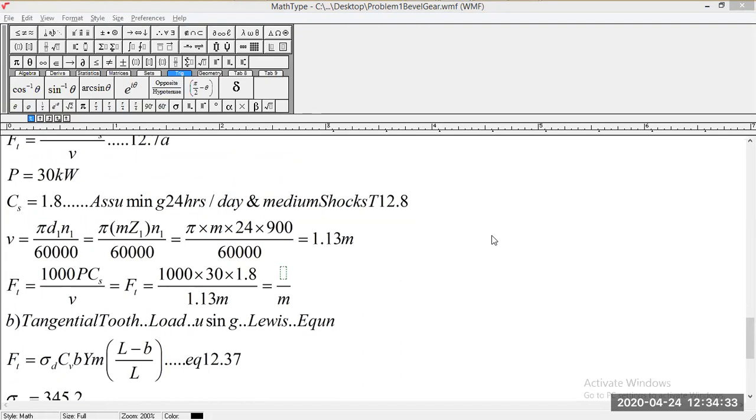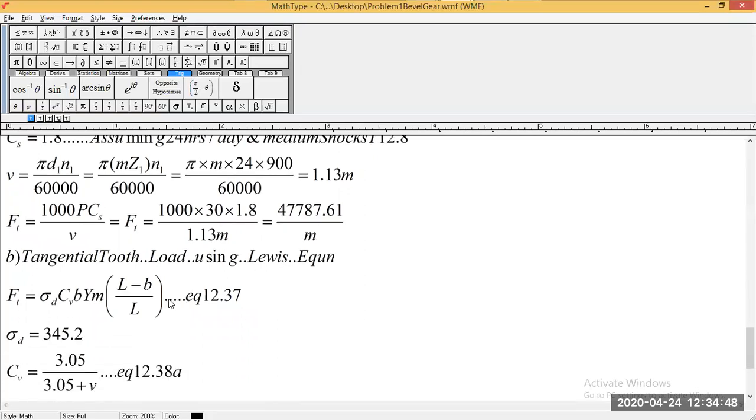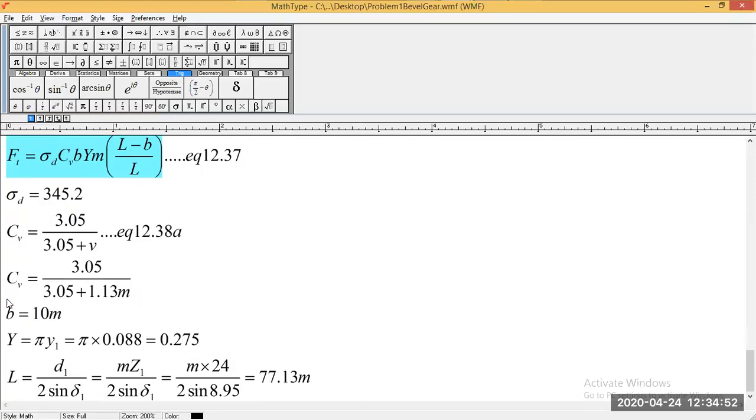I'm getting around 47787.61. Right, so I'll copy this. This is part 2 of our tangential tooth load, step 2, part 2.